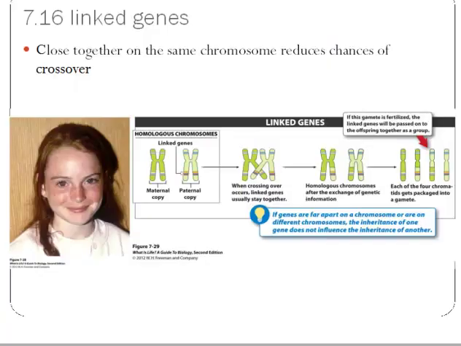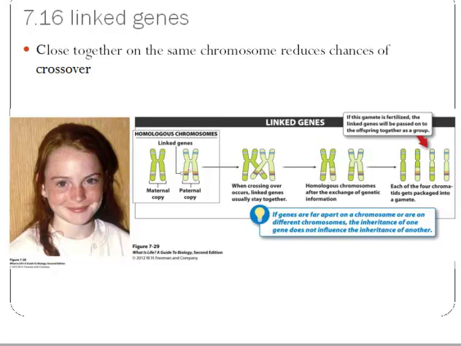There is an exception to dihybrid ratios, and that comes with linked genes. So all of these genes are on chromosomes, and they separate during cell division, and crossover helps mix the genes on individual chromosomes. However, if you have two genes located very close together, it's unlikely that crossover is going to separate them because they're so close together.